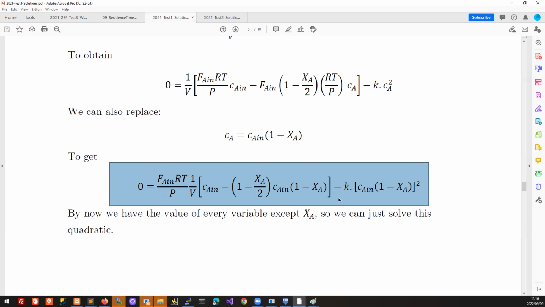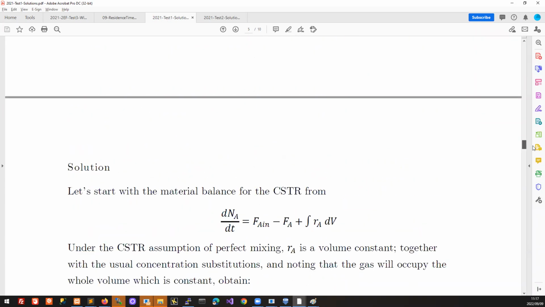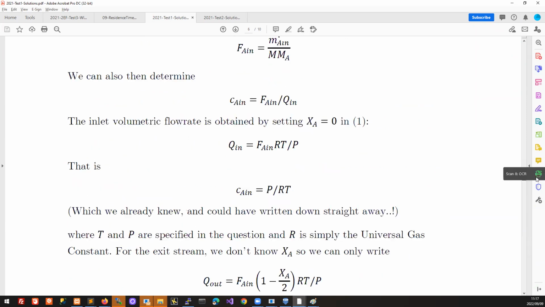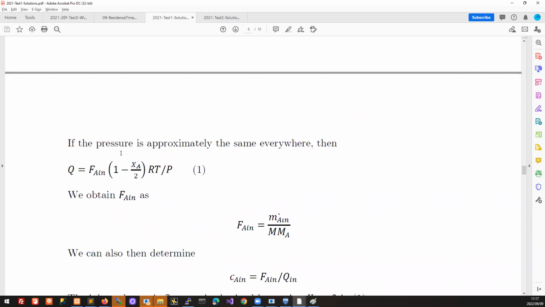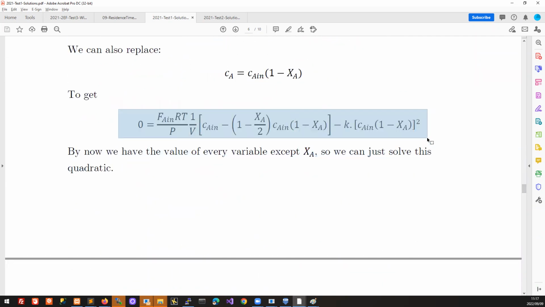So all this is known, and we can just solve this equation for X. So the point of this question is that your flow rate can change. Your volumetric flow rate does depend on your conversion because the density changes as A and B interchange, but you can relate it using your equation of state. And so when you stick it all together, then you get an equation that you can solve for the conversion.